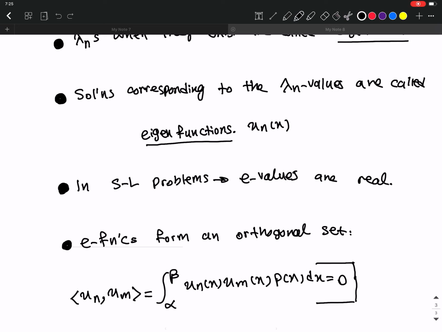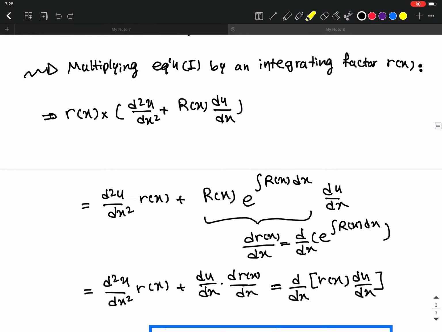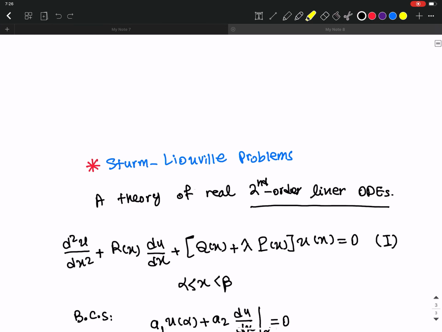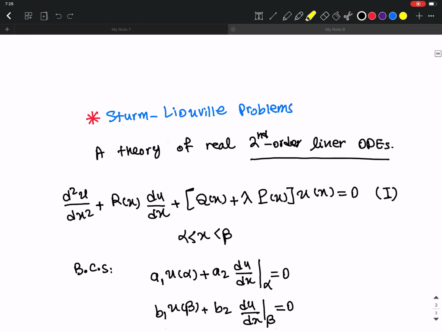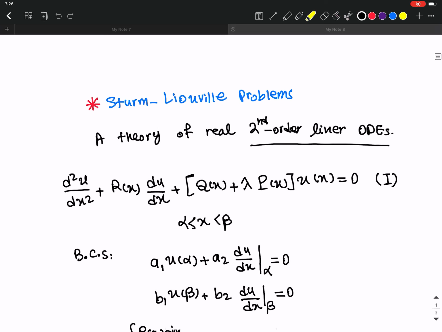Okay, so let's have a brief review of what we learned today. So we started with Sturm-Liouville problems. We said that these are a necessary step for the separation of variables technique for solving PDEs. So in separation of variables, we convert a PDE into ODEs, and for these ODEs we will use the Sturm-Liouville problem type to solve them.